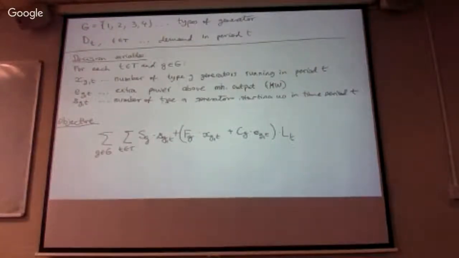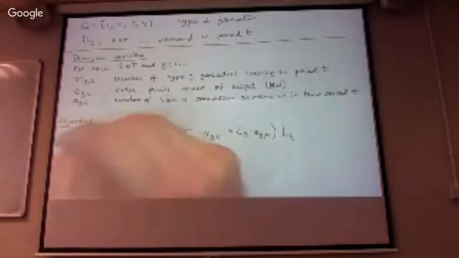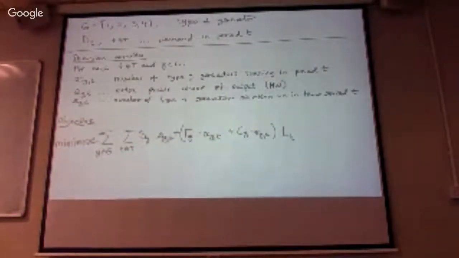They're all costs, so we probably don't want to maximize them. So minimize. If you're taking this as part of the exam revision, don't forget to say whether you're maximizing or minimizing.